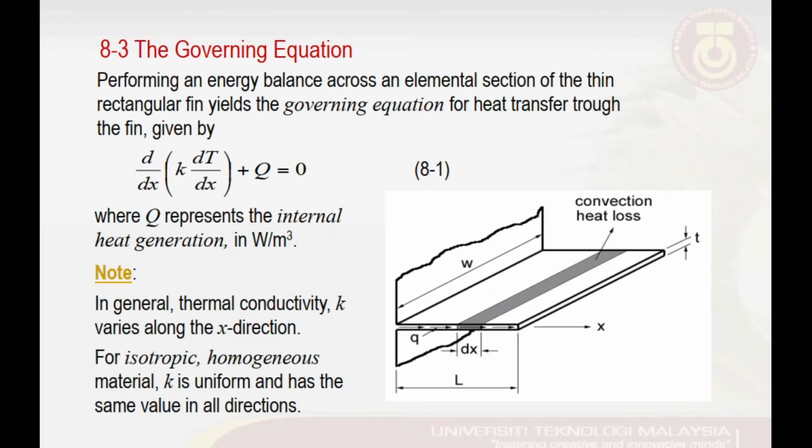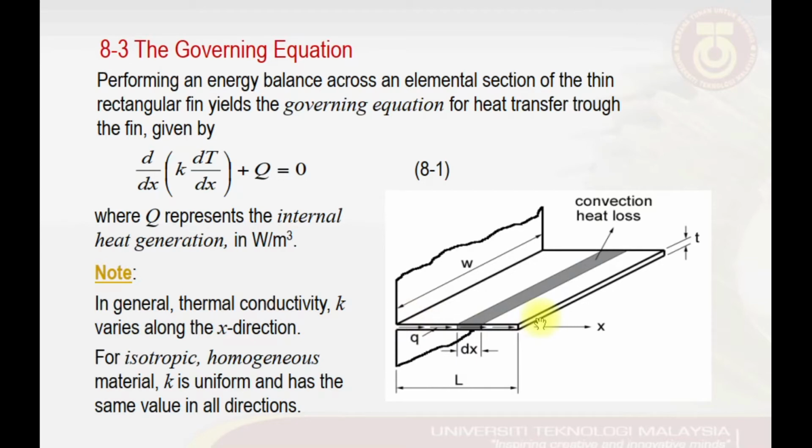But for fin problems, usually the k or thermal conductivity will vary along the x direction, for example from the base point toward the tip, through the length of the fin.